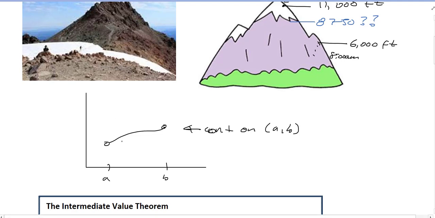No, right? The intermediate value theorem says there is a C such that f of C is equal to L, but I could have L be somewhere outside of that. And then f of C is not going to be in between. So I couldn't claim that f of C has to be L, because f of C could be up there.